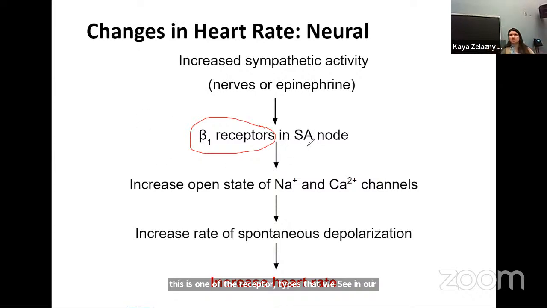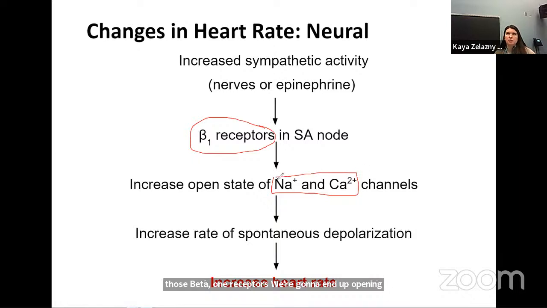Beta receptors in specific activate that cyclic AMP second messenger inside the cell and then go on and have their effects. Okay, so we have some of that receptor in the SA node. And what it does ultimately, the effect of our sympathetic activity or the epinephrine affecting those beta-1 receptors, we're going to end up opening sodium and calcium channels.